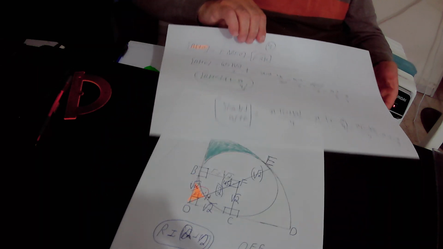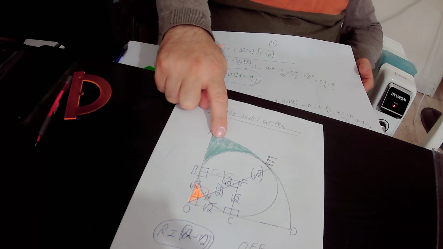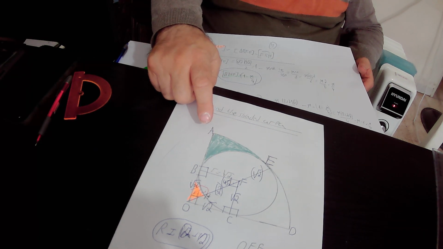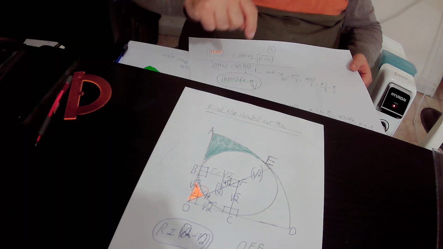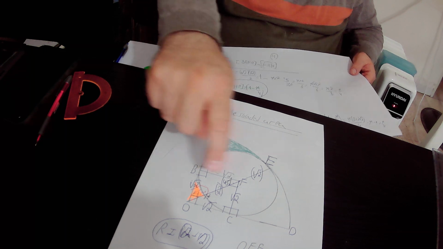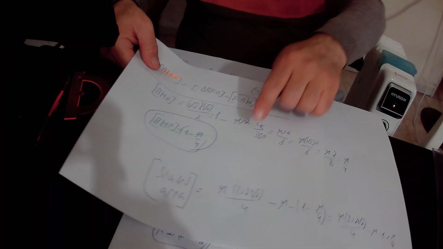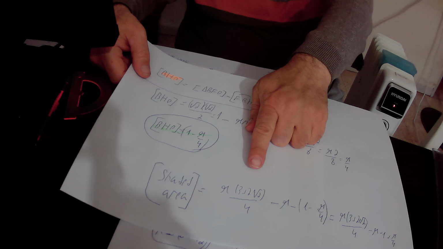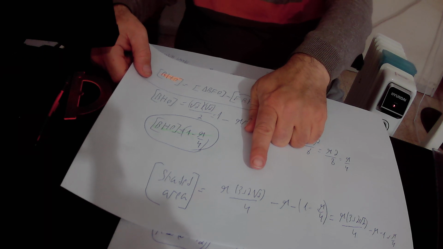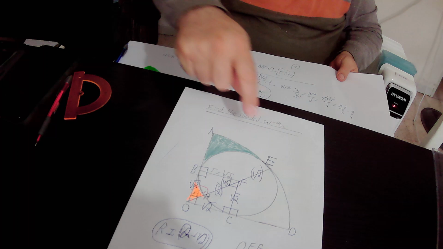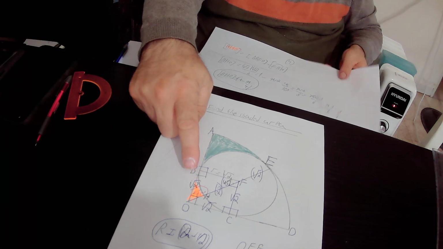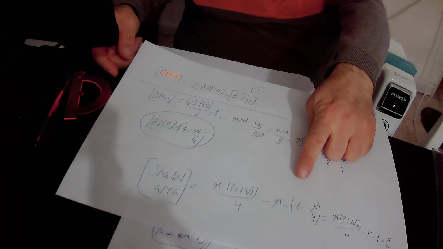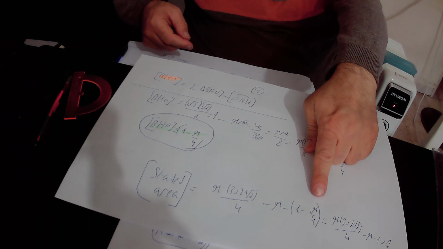And the area of this shape SBE, the shaded area, equals the area of sector HOE. And the area of sector HOE is pi times 3 plus 2 times square root of 2 over 4, minus the area of this semicircle, that is equal to pi, minus the area of this orange shape, that is equal to 1 minus pi over 4.